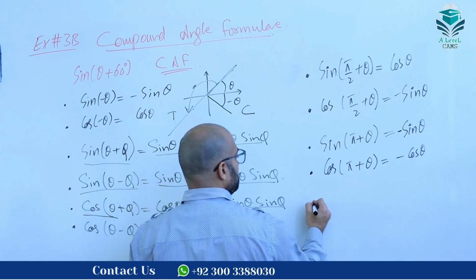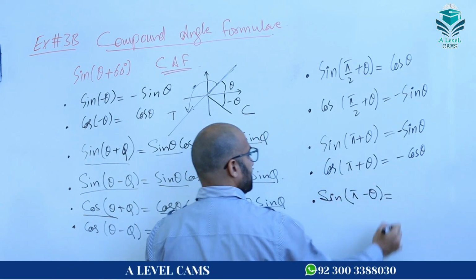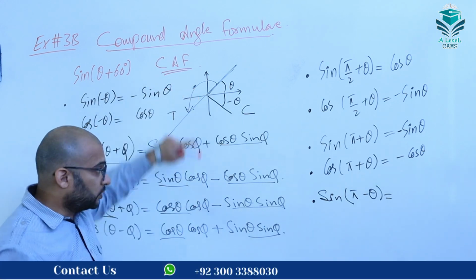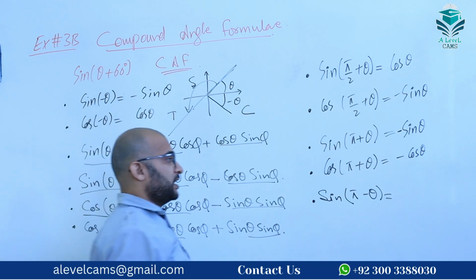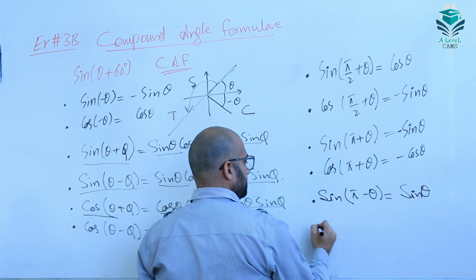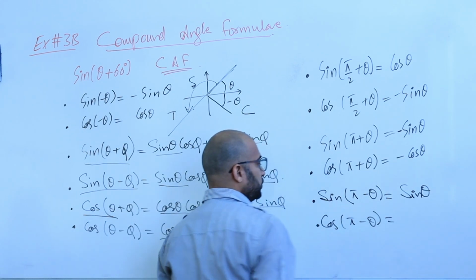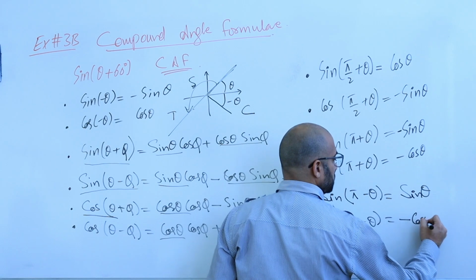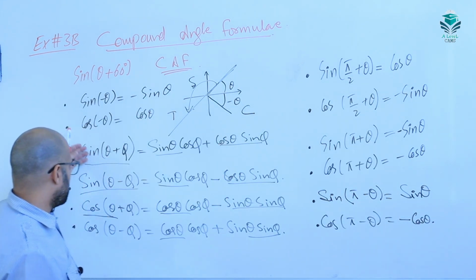And if we write sine of pi minus theta, it will be in the second quadrant, where sine is positive, so you can write positive sine theta. And similarly for cos of pi minus theta, you can write minus cos theta. You can see that I have written these relations in the form of compound angles.